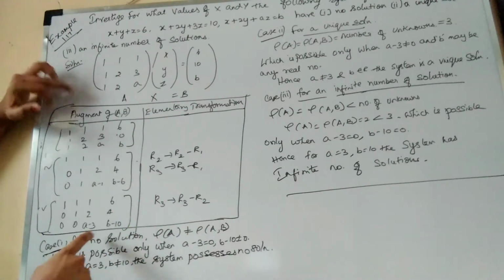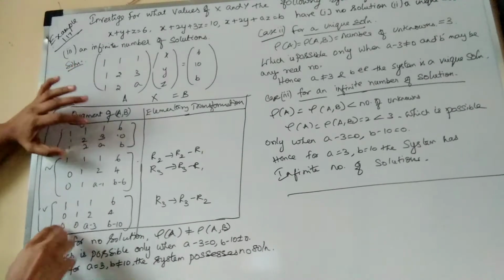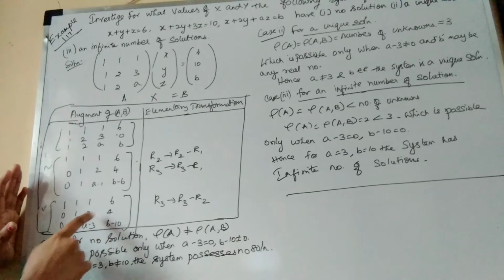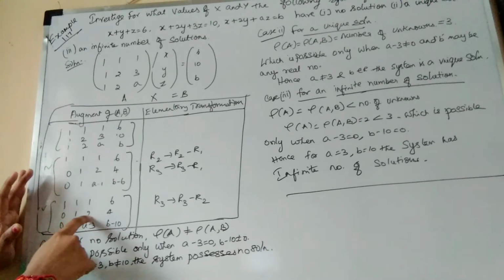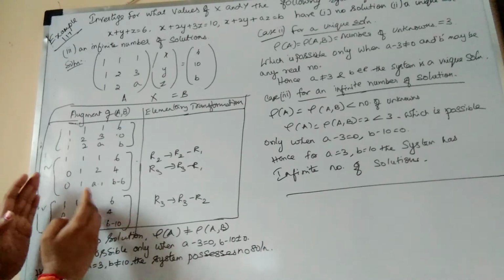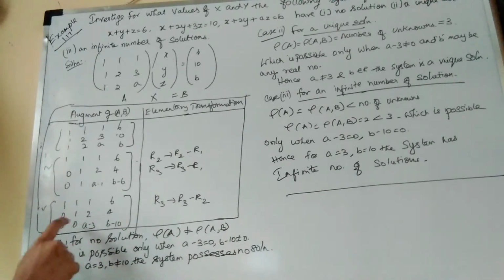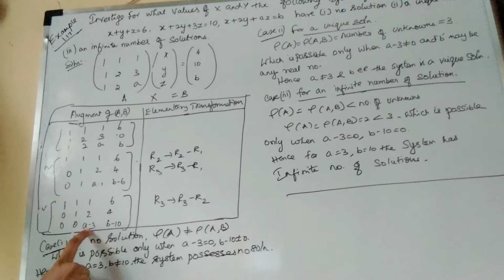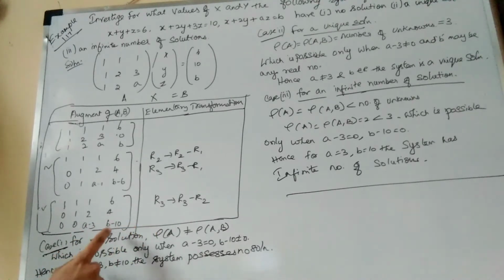Now we have reduced the matrix, so find the rank of A. For this one, the last row is 0, 0, a minus 3, so the rank of A will be 2 only if a minus 3 becomes 0. Similarly, the rank of AB should be different from it, the two should not be equal. If the rank of A is 2, the rank of AB should be 3.